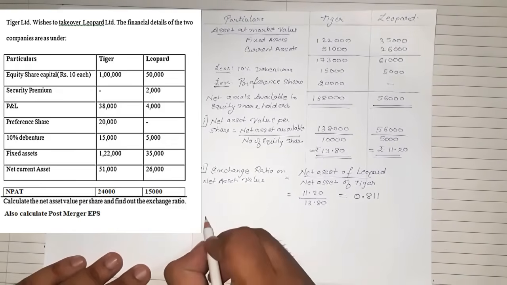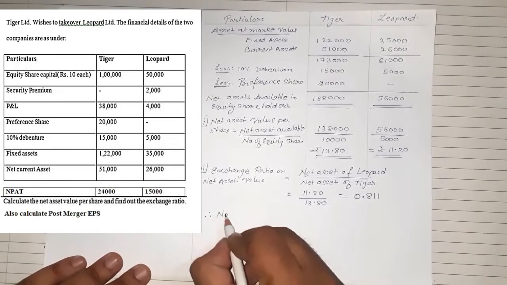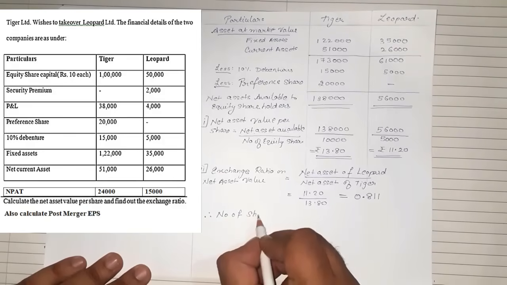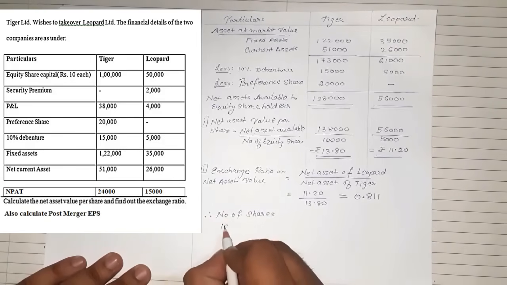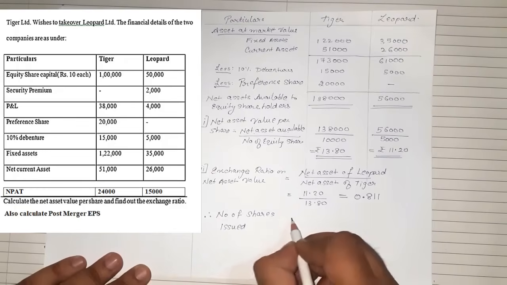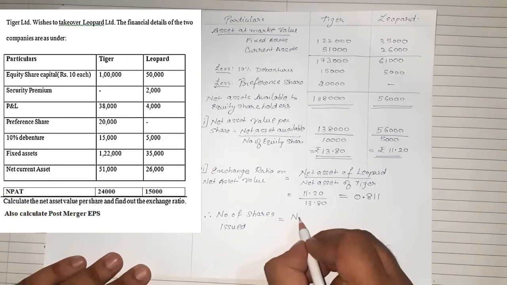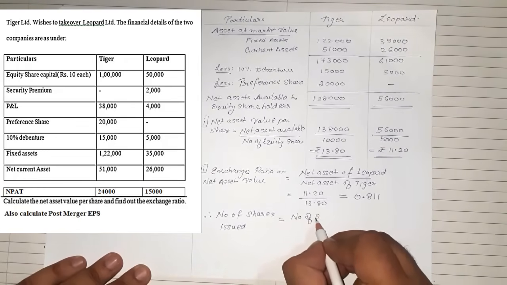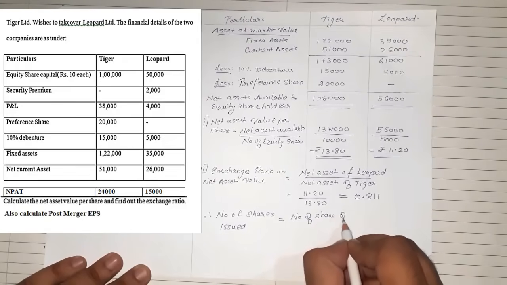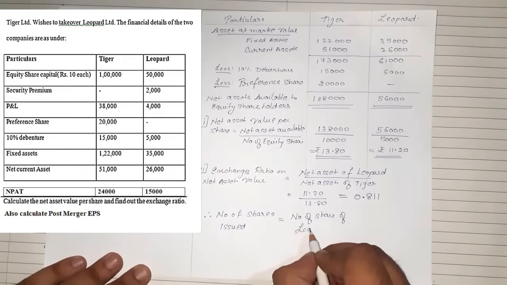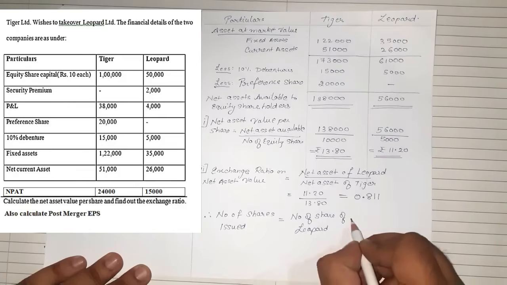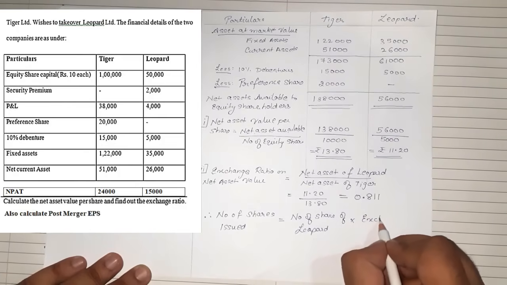Therefore, the number of shares issued will be the number of shares of the taken over company, that is Leopard, into the exchange ratio.